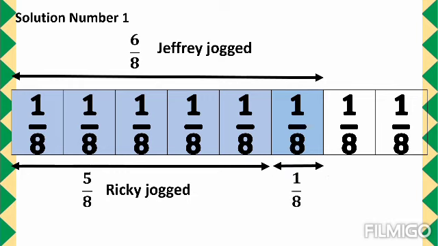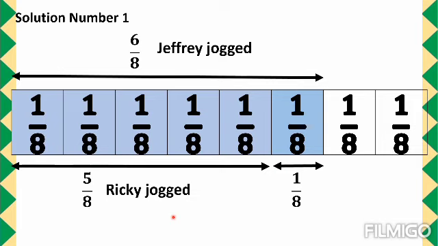Now we have the slide showing the first solution. We can solve the problem of Jeffrey and Ricky using this block or bar diagram. Since they have similar denominators, we have 8/8, so we make a bar with eight boxes.